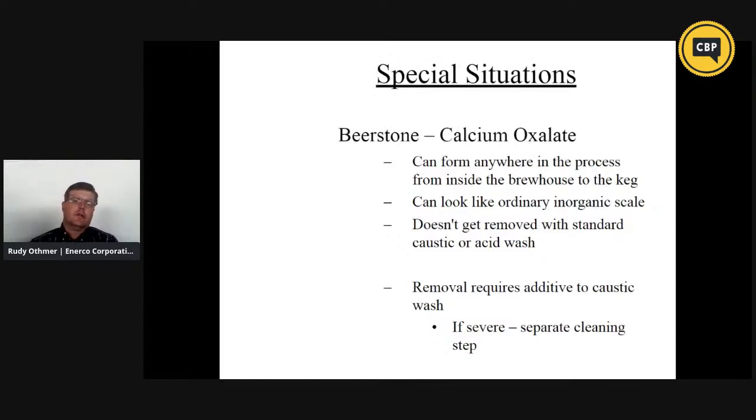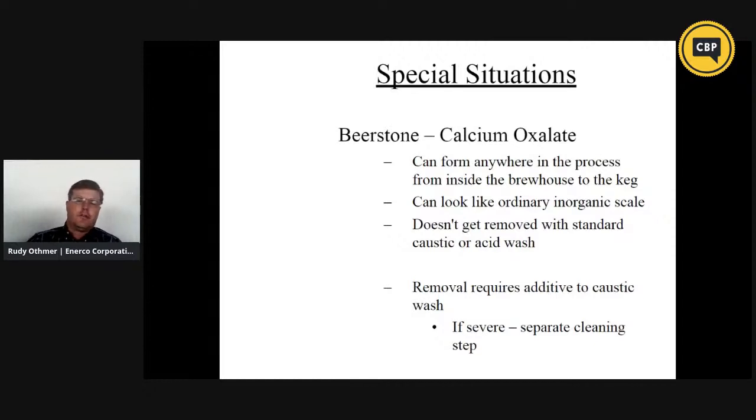The problem that you'll find is your standard caustic and your standard acid wash won't remove it. There are special cleaners and special additives that can be added into your alkaline cleaner if beer stone is a problem for you.